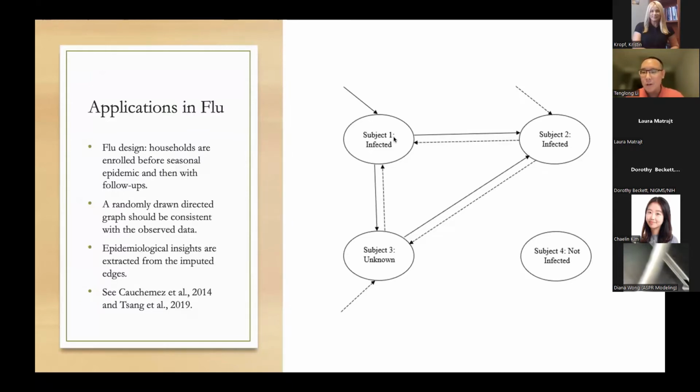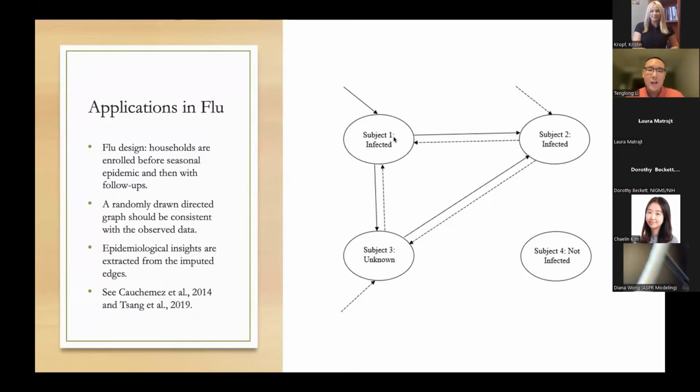And subject 4 is not infected, so he or she should never receive any edges from anybody. Such a graph is usually randomly drawn, except that you have to make sure the graph is consistent with the observed data, like the rules I just mentioned.